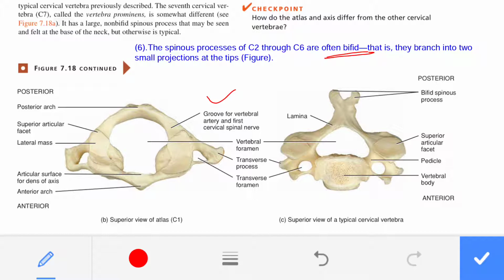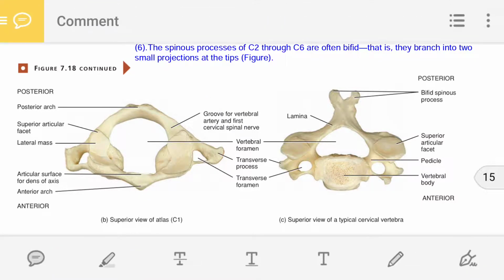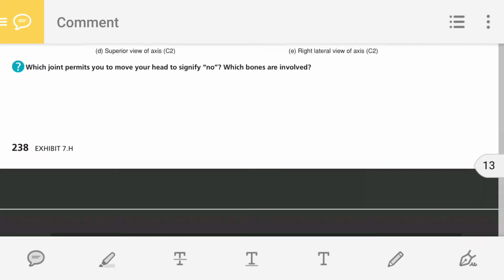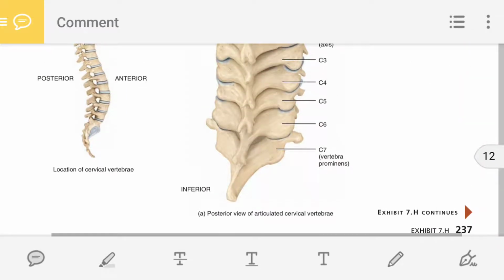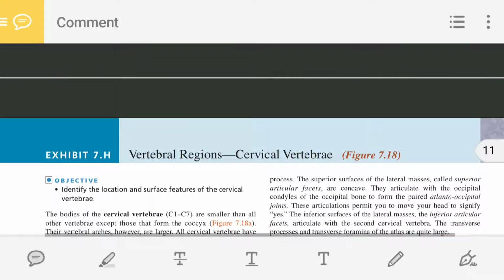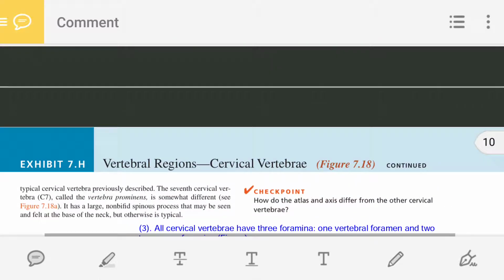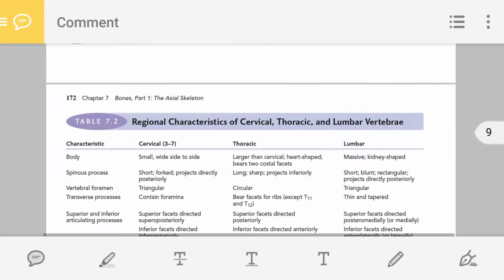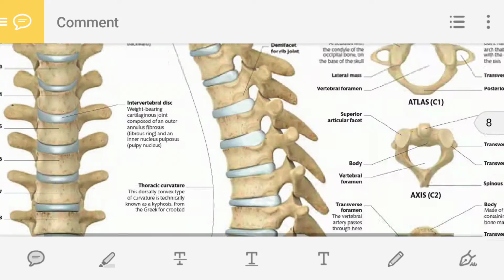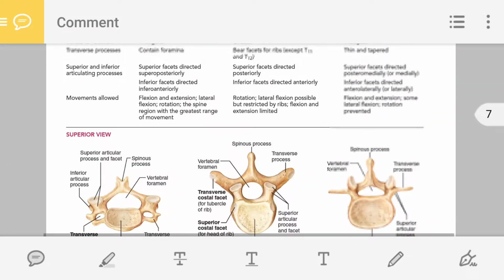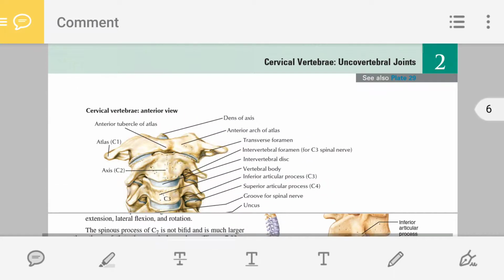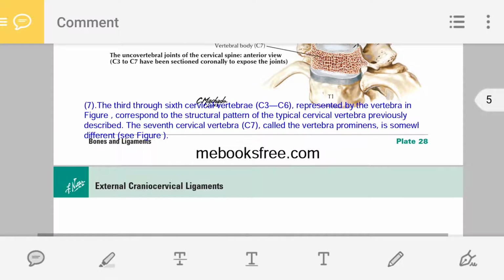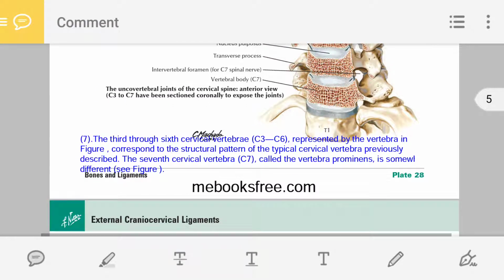Now we are moving on to the seventh point. I am scrolling, one minute, it is taking time. This is the seventh point.